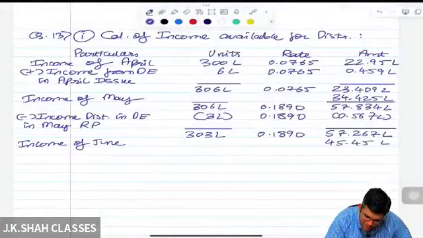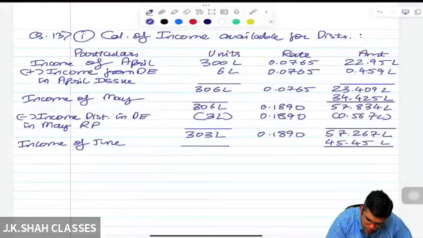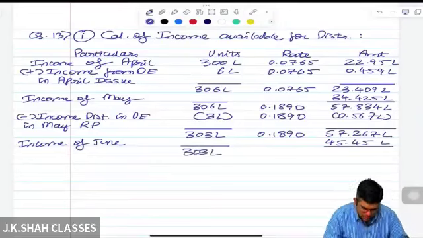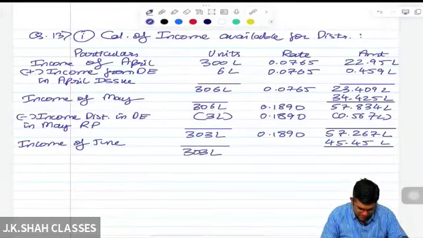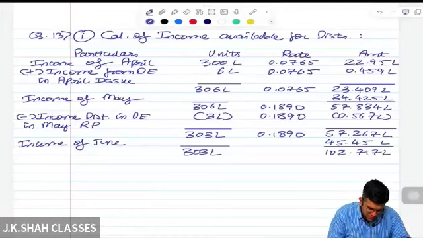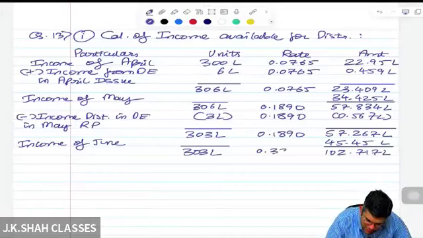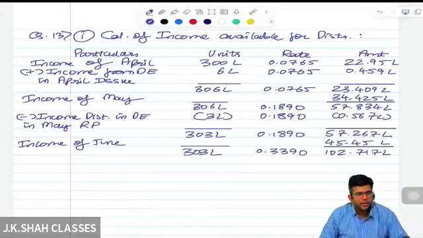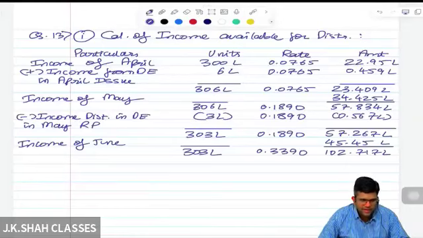So that totals to 57.267 plus 45.45, 102.717 lakh divided by 303, 0.3390. Everyone reached till here? Now, can I say in the month of June, there is no admission, there is no retirement. This is it. Table over.